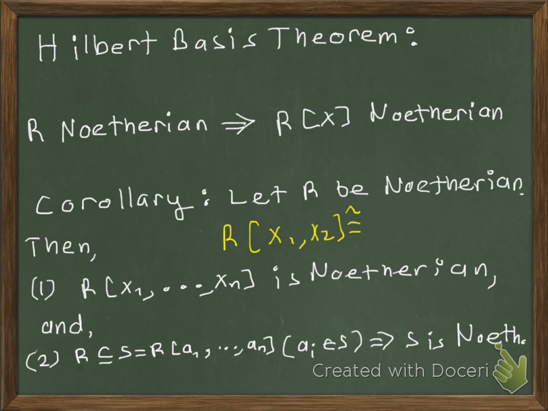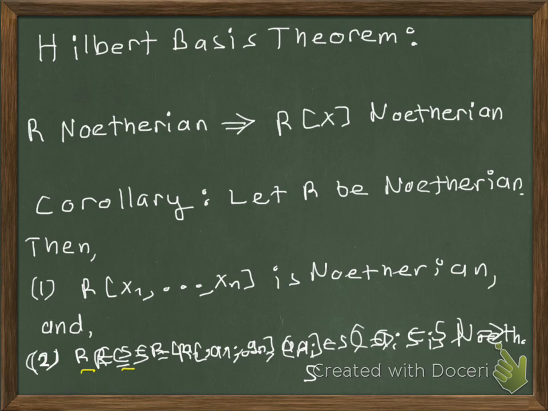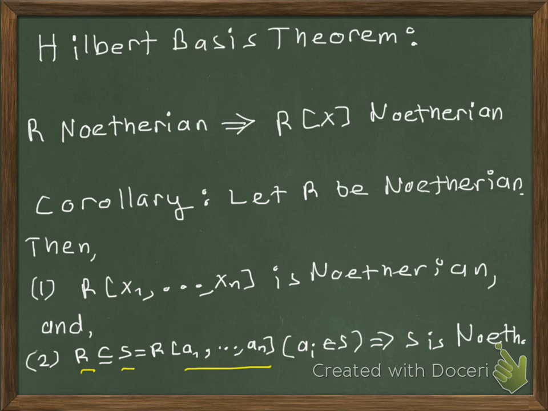As for the second assertion, let's remember, what does it say? It says that if S is an extension of R generated by R and finitely many elements of S, say a1, a2 through an, then S is Noetherian too.